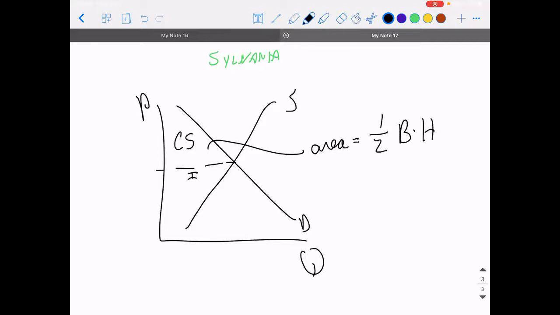The height of this triangle would be the equilibrium quantity. The height is going to be the difference between the equilibrium price, P star, and the y-intercept, which is right here. That's going to be the base.